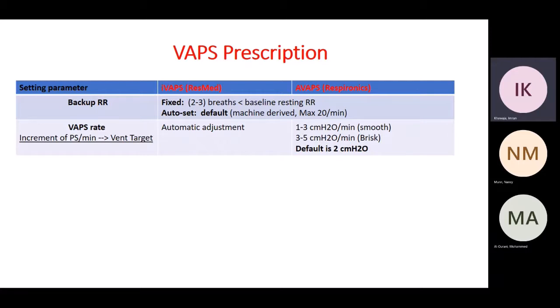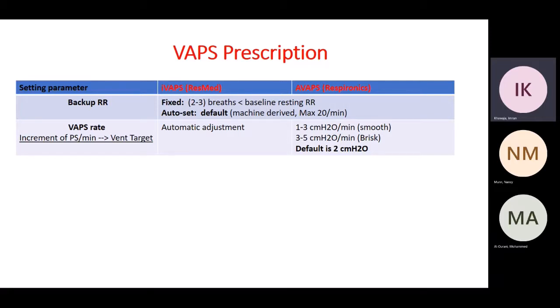And then don't get that confused with the VAPS rate. The backup rate is the factor that, when you multiply it by your tidal volume, gives you your minute ventilation. The VAPS rate is the rate, or the amount of pressure, that the machine is allowed to increase per minute in order to achieve the tidal volume.